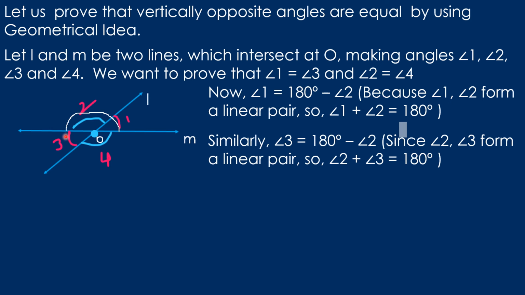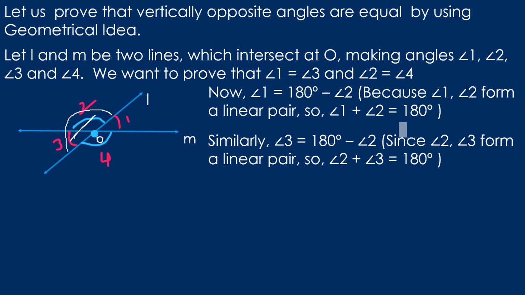Similarly, angle 3 is equal to how much? It will be equal to 180 minus angle 2, because angle 3 and angle 2 are a linear pair. When we take the sum of these two angles, it will be equal to 180 degrees.